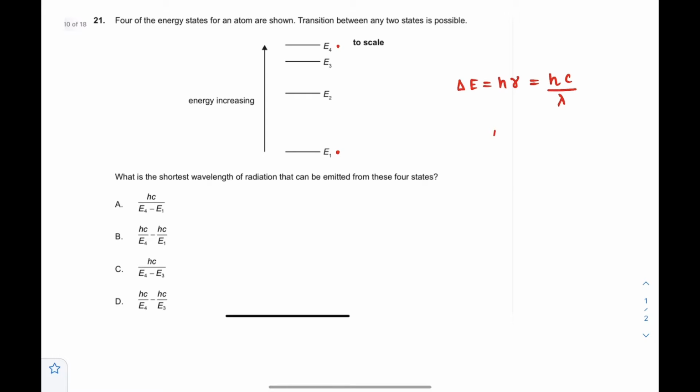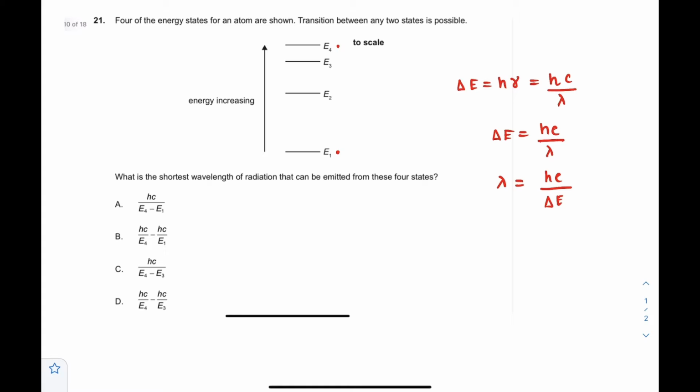So from here I can write that delta E is equal to hc by lambda. So lambda is the wavelength emitted when there is a transition from one energy state to the other energy state. So this is equal to hc by delta E.